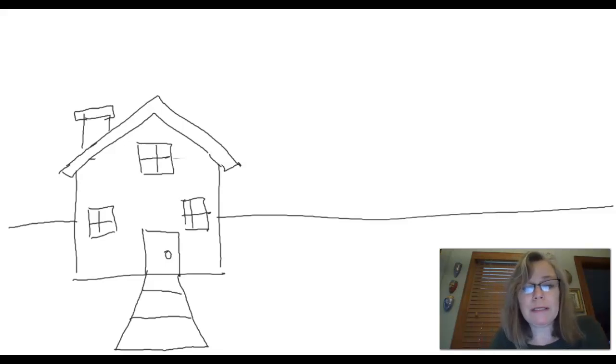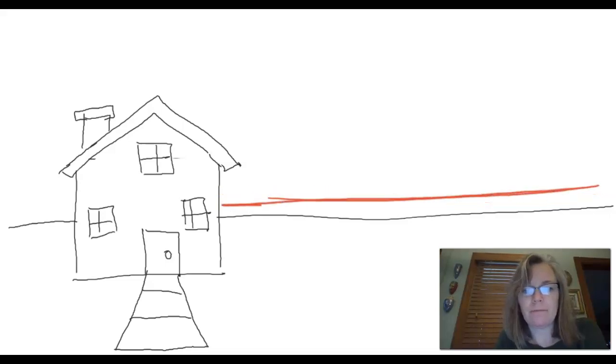Now in the workbook it says things that are closer to the top of the paper are farther away, and things that are closer to the bottom are closer. But you have to keep in mind this horizon line right here.